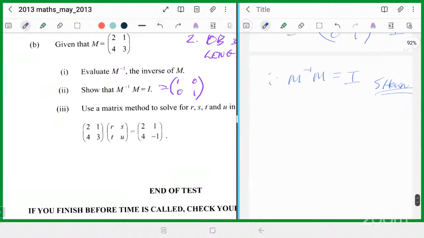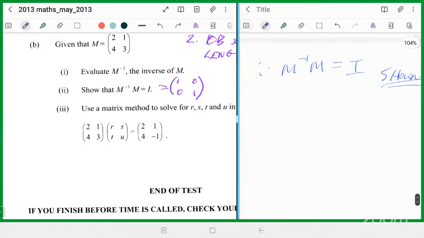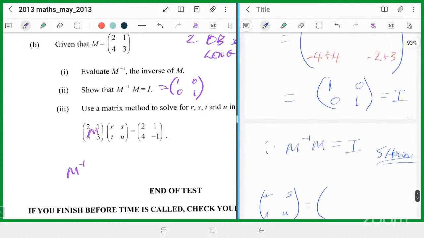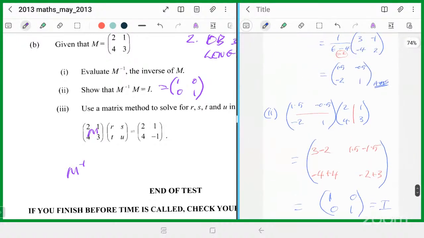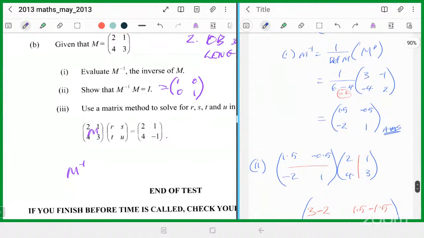So basically then, the matrix of R, S, U is going to be equal to the inverse of this, which we calculated already. This is M to the minus 1, calculated already. So we can use that, or we can use the one with the fraction.